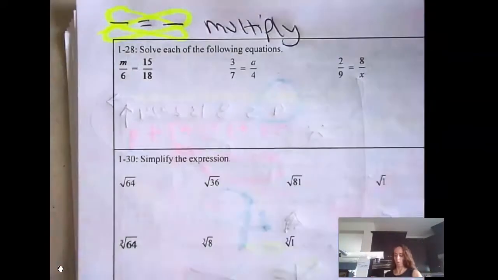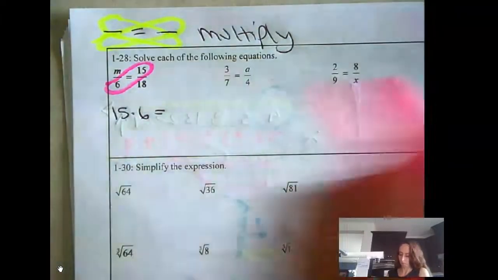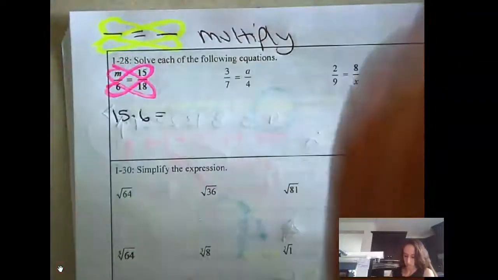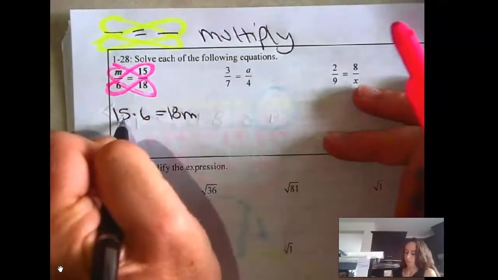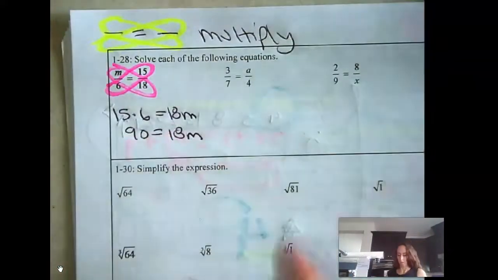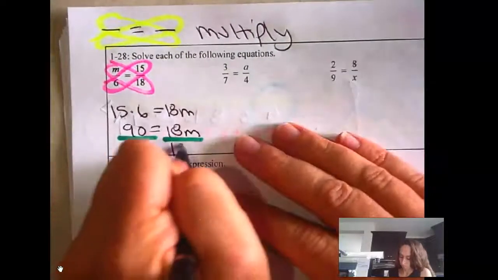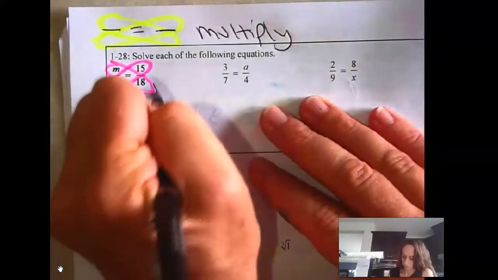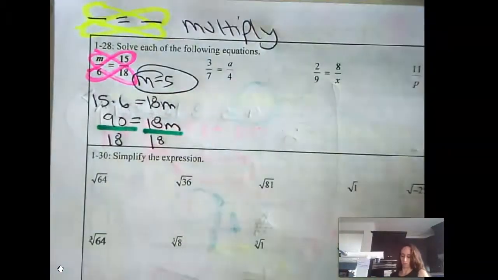So I'm going to go 15 times 6 equals 18n. 15 times 6 is 90 equals 18n. What's the last thing I do? Divide. n equals 5. Let's go to the next one.